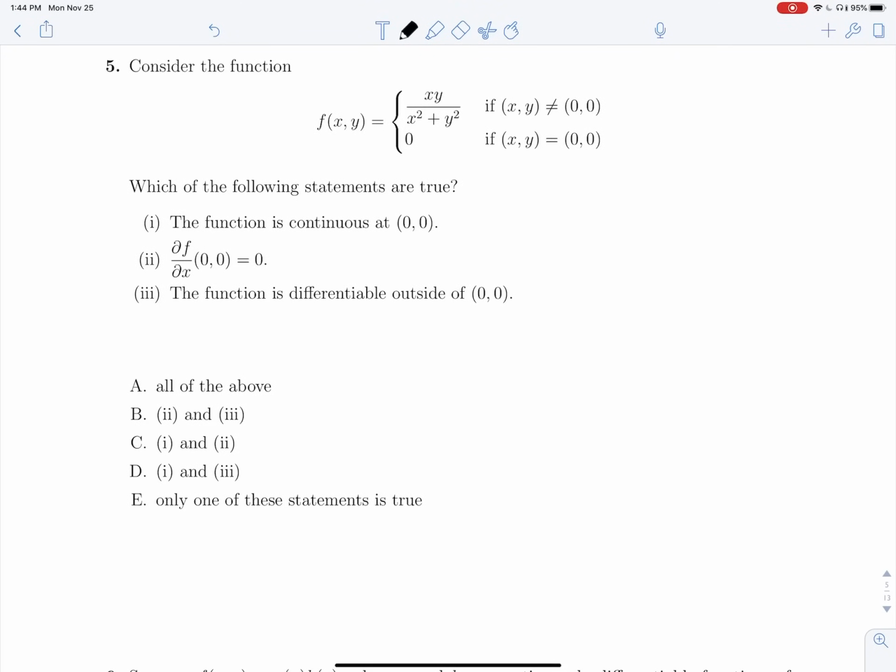Okay, let's consider this function. Which of the statements are true? The function is continuous at 0, 0.